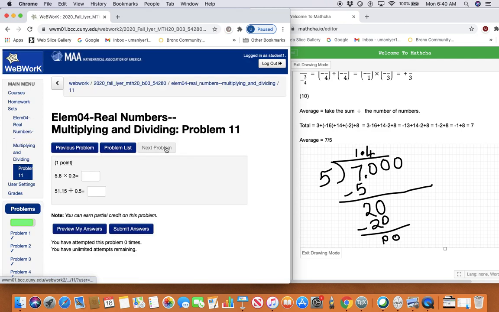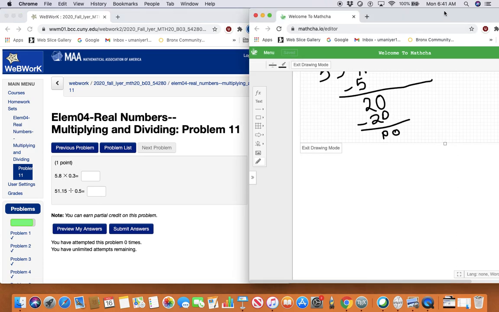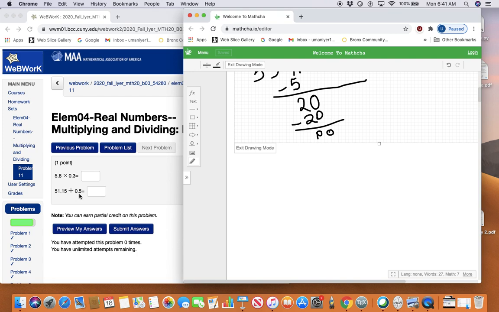Okay. Next problem. You want to multiply using decimals. You want to divide using decimals. Okay. So the way you would multiply is first multiply as though you don't have decimals. So 58, 0.03. 0.03 is nothing but 3.